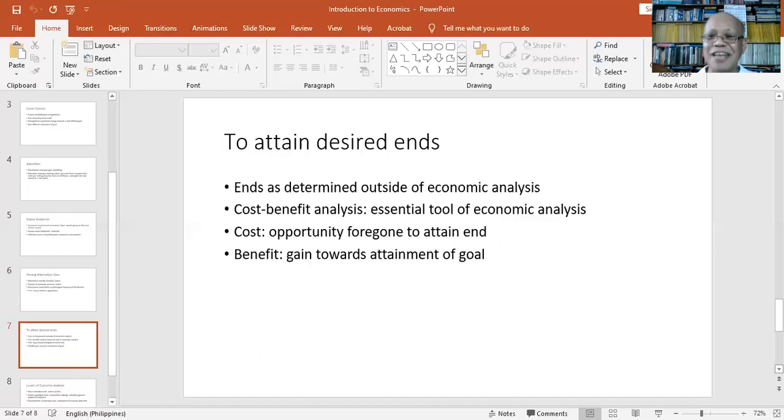And these are desired ends. So these desired ends can be attained by a variety of ways. But within economics, these desired ends can be attained by setting aside the resources needed in order to make these particular goals come true, come alive.